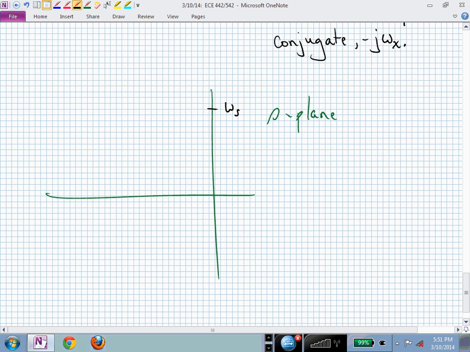But the fact that we do have Nyquist does restrict or limit where we are in terms of frequencies that we can see. This is now in the S-plane, so that's j omega sub s if we were up there. We now said that there's a special point which is halfway up there, and anything beyond halfway up there looks like something between 0 dc and j omega sub s over 2.